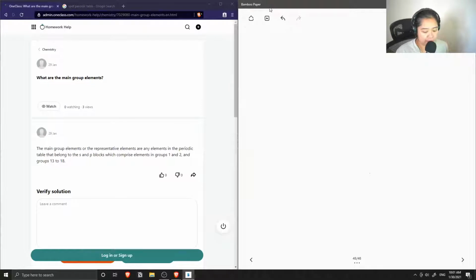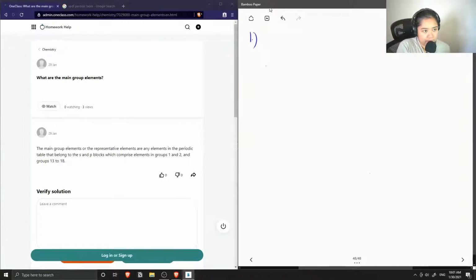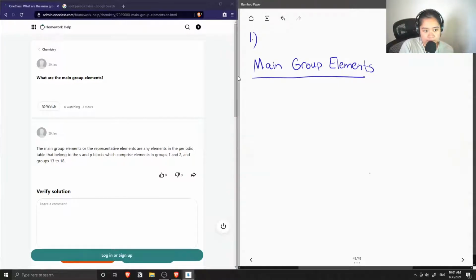Okay, so question 1 asks, what are the main group elements? The main group elements can be found in the S and P blocks on the periodic table.